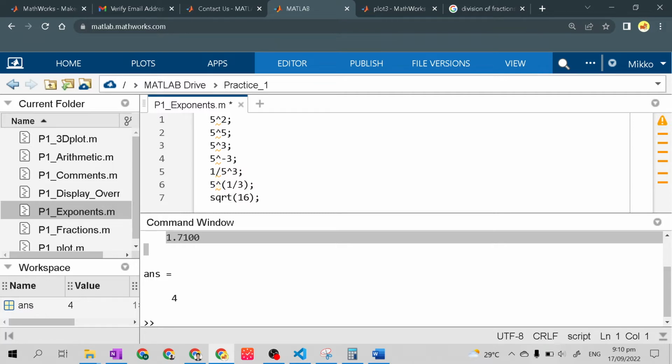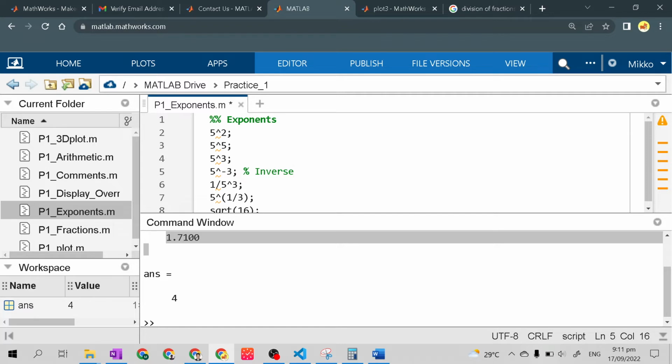So let's make comments. Exponents. This is the inverse and reciprocal.